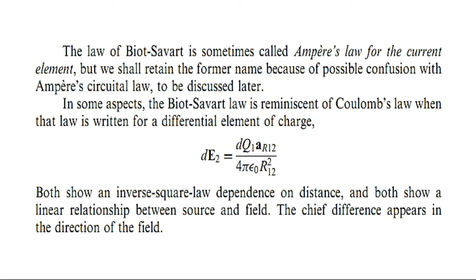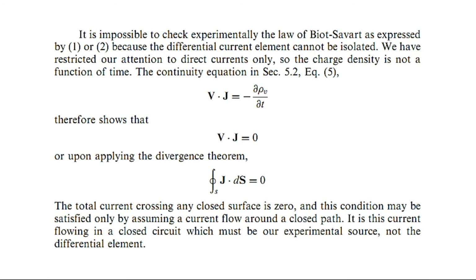Similarly, the magnetic field intensity is perpendicular to the plane of the force which is acting by the differential current element. So the direction of the electric field intensity is parallel, whereas the direction of the magnetic field intensity is perpendicular to the plane containing the source and the field point.